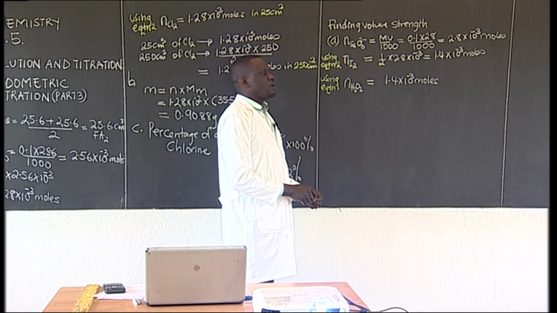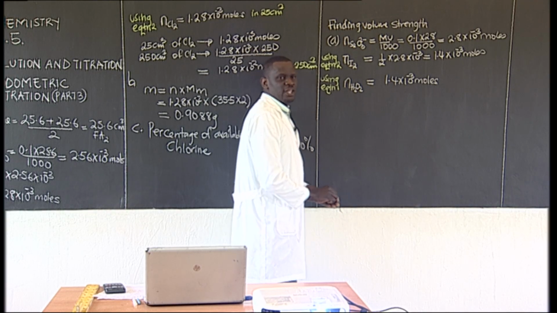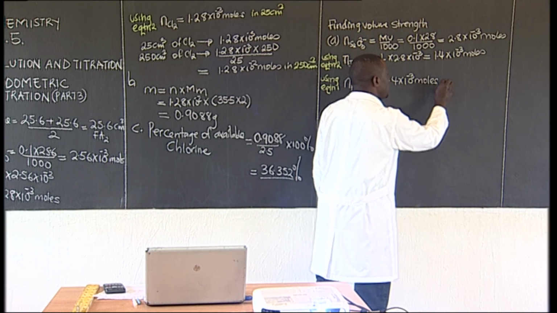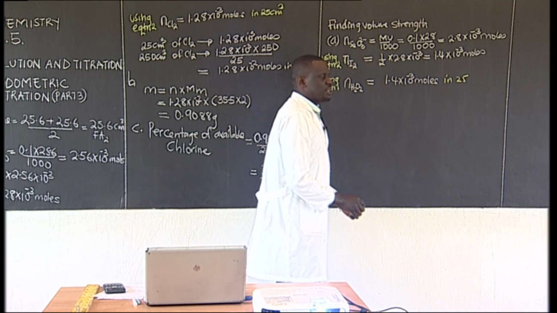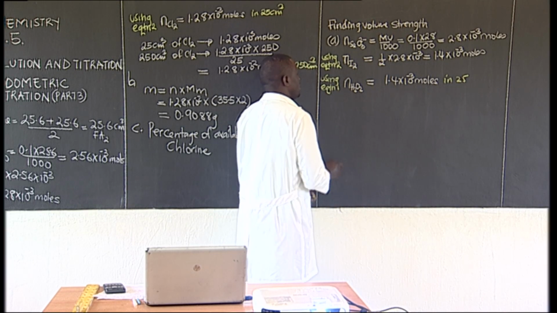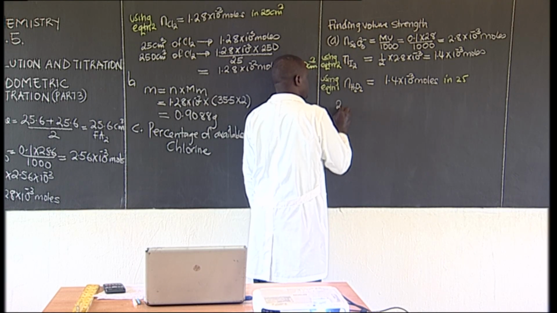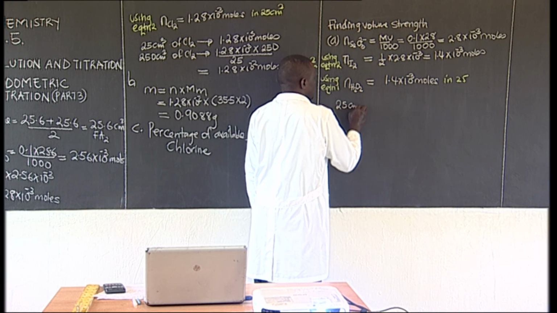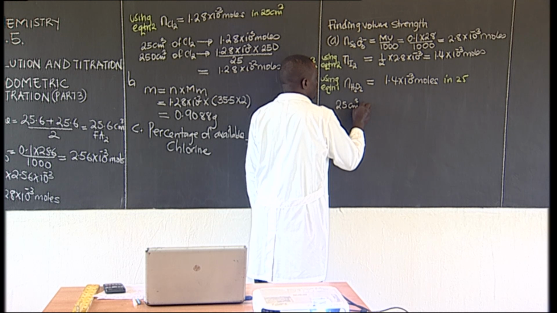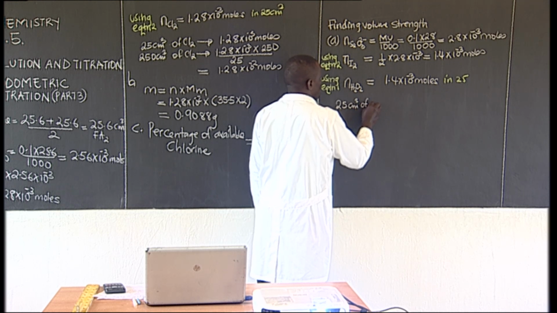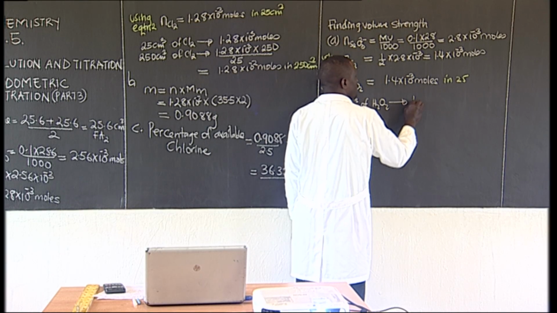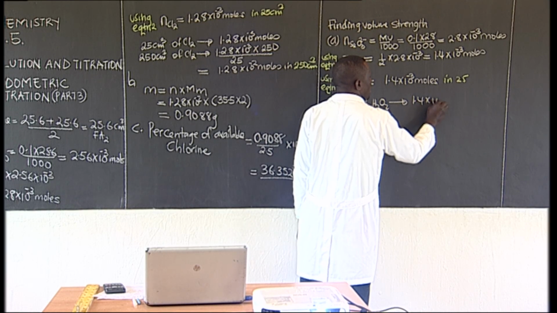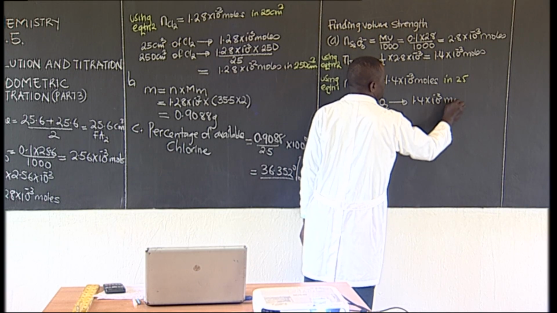From there, we say this one is in 25, like we had there. And what about 250? So we say 25 centimeter cubed of hydrogen peroxide will contain 1.4 times 10 to the power negative 3 moles.